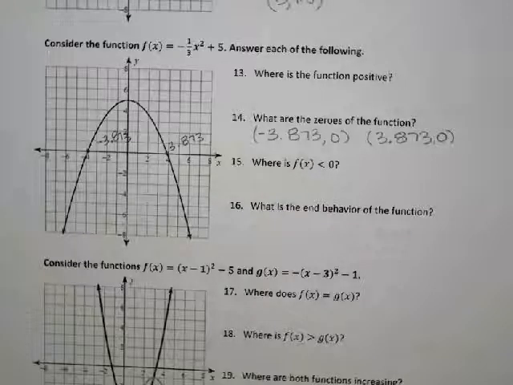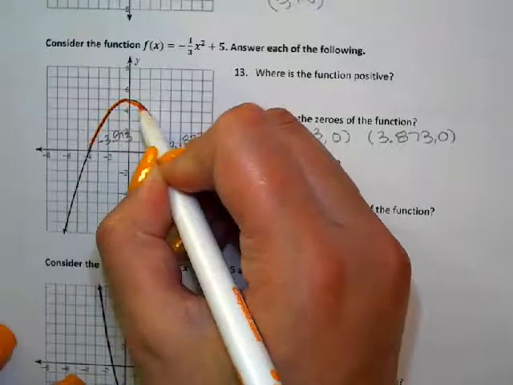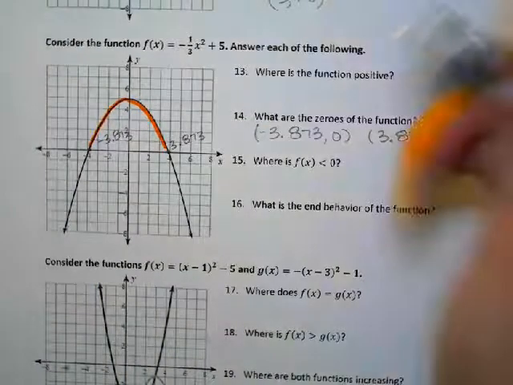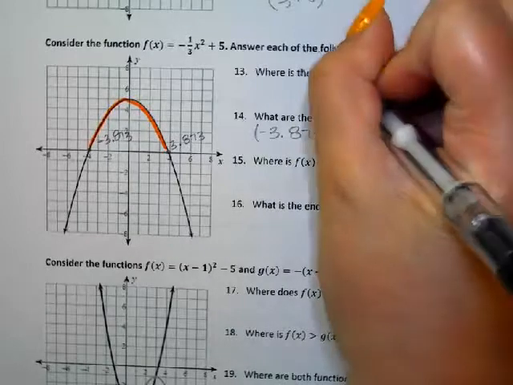You're the user. All right, where is the function positive? Yeah, it's this little mountaintop part here, the up part. So when it says the function, it's talking about y. Joseph, was it a user error?